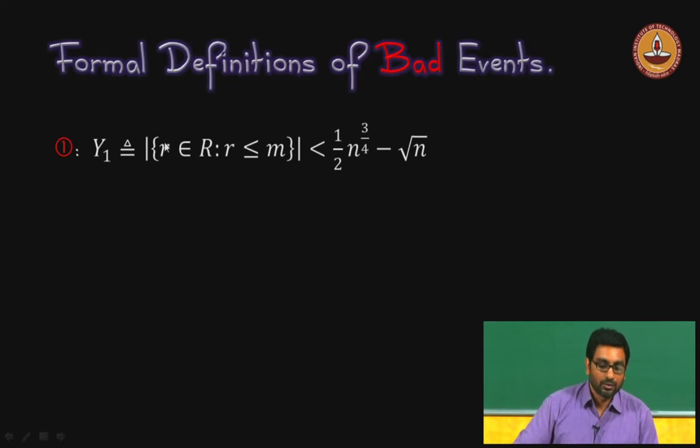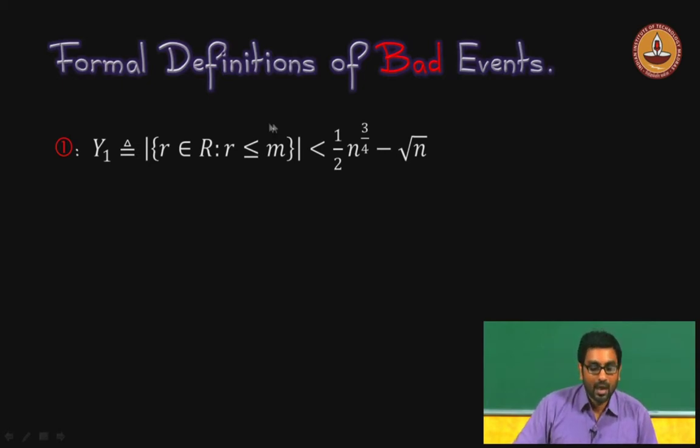So, out of the original elements that we sampled, we are picking out all the elements that are less than or equal to the median. M here represents the median, and we are asking how large is that set.